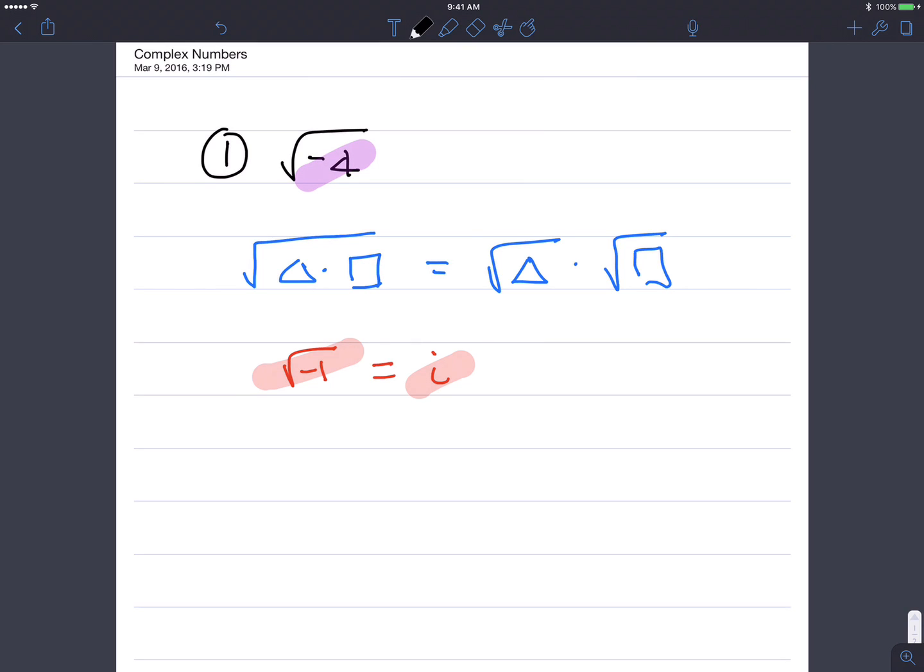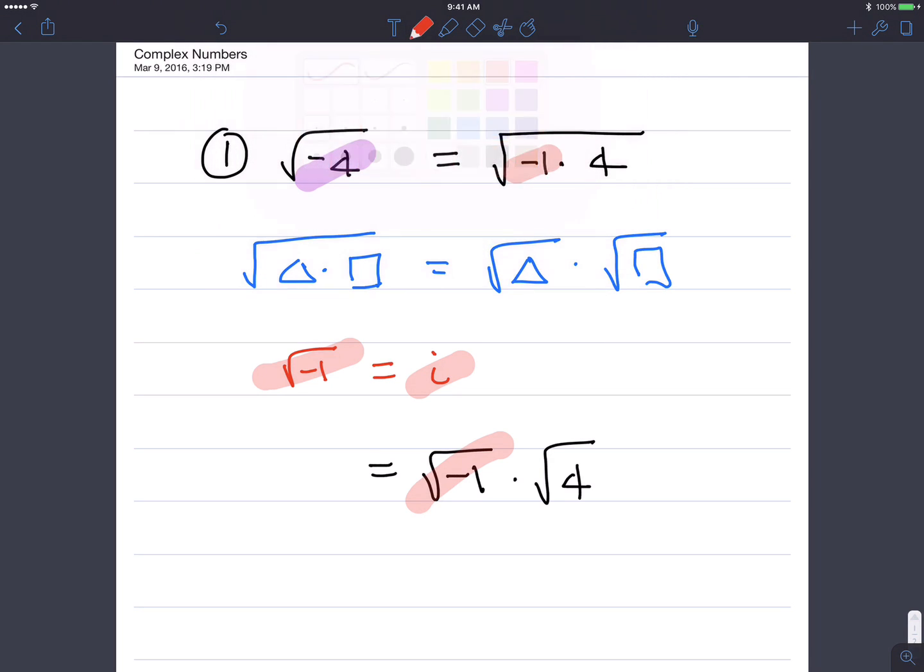The square root of -4 can be written as the square root of -1 times 4. Now, this is where we use the product rule. This is going to be the square root of -1 times the square root of 4. And the square root of -1 gets replaced with i.